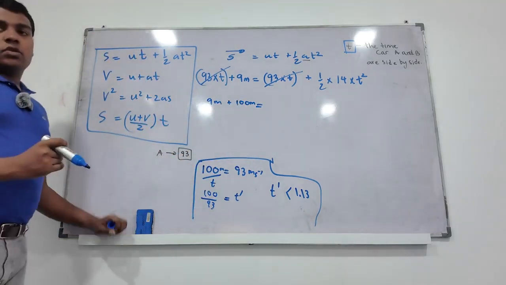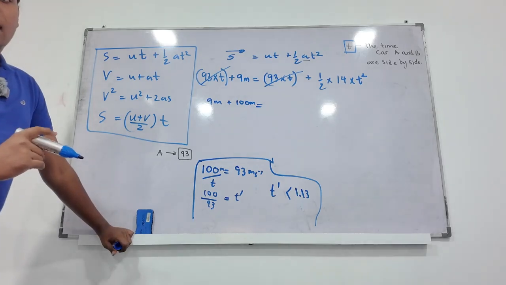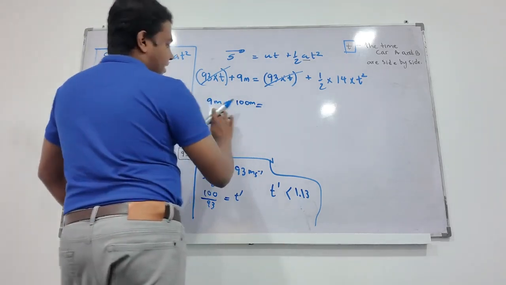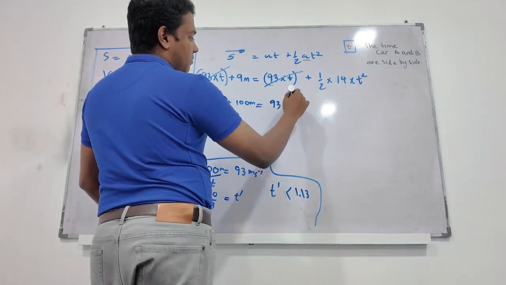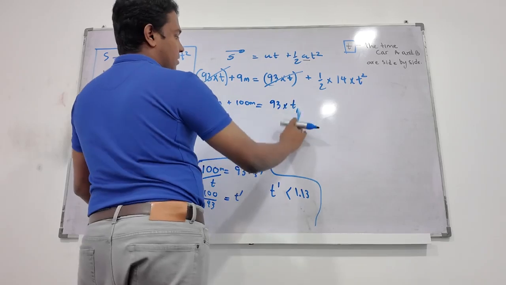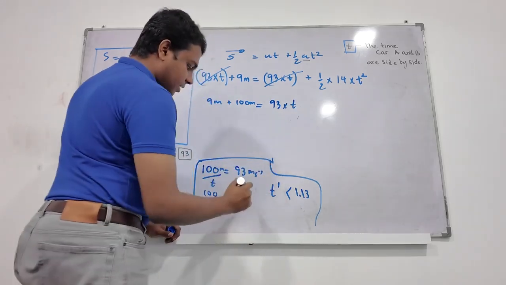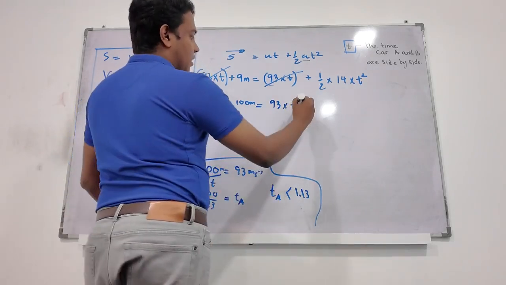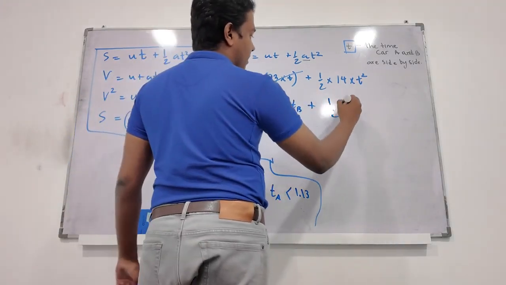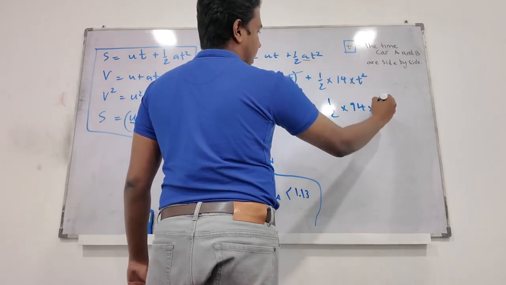So we can use S equals UT plus half AT squared for car B. 109, S equals UT. What is U? 93 times time taken for B. Let's take as we took TA, we'll make this TB, plus half times 14 times TB squared.